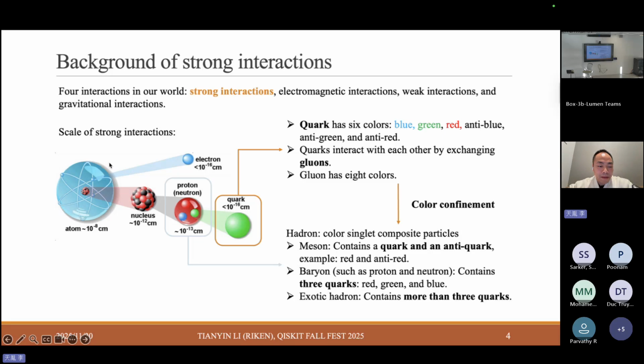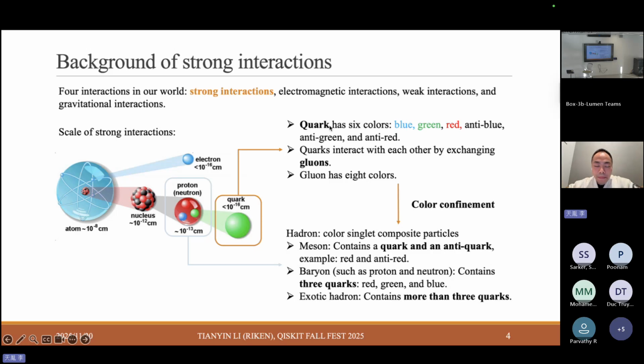That is because the scale of the strong interaction is very small. The strong interaction can be probed at the scale of the proton and quark. The scale of a proton is about 10 to the minus 13 centimeters, and inside the proton or neutron there are quarks and gluons, and the scale of quarks is about 10 to the minus 16 centimeters.